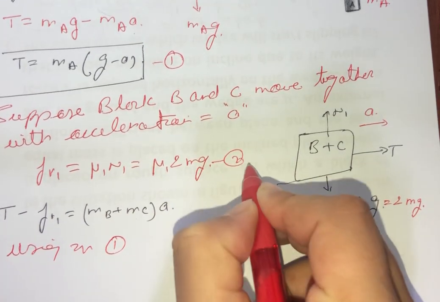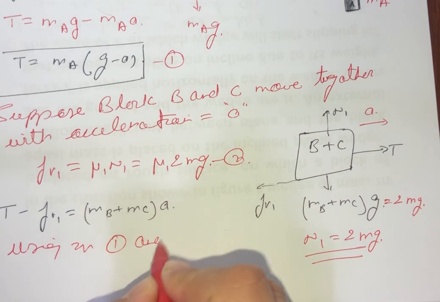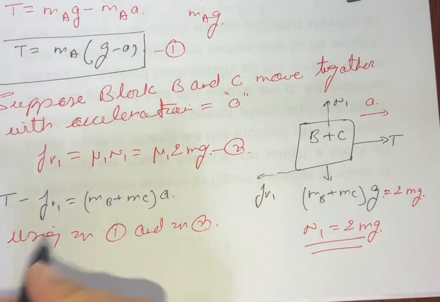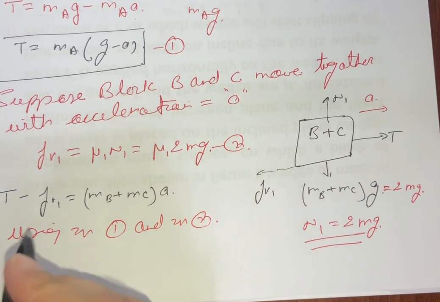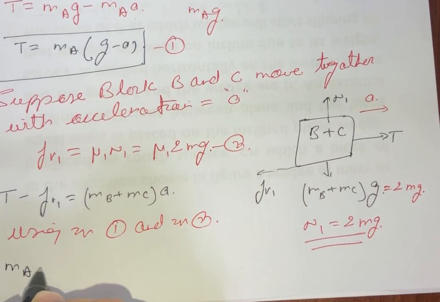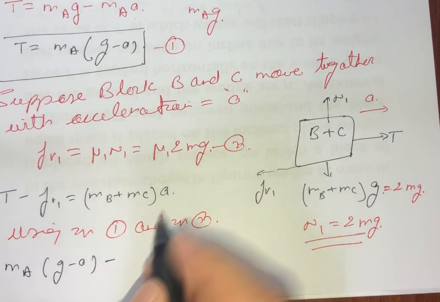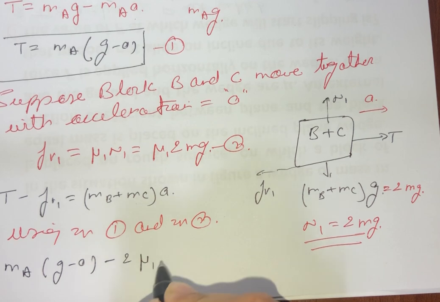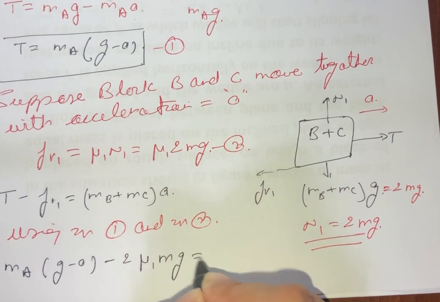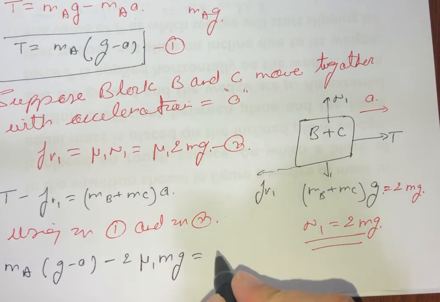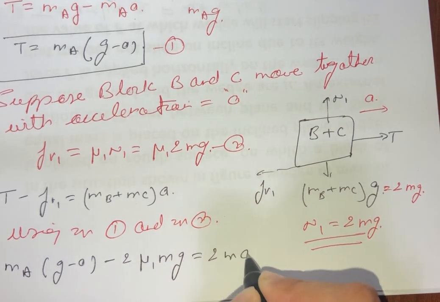Let us call this equation 2, and in equation 2 we get MA(G minus A) minus FR1, which is 2 mu1 mg, is equal to 2m multiplied by A, since MB and MC are the same.